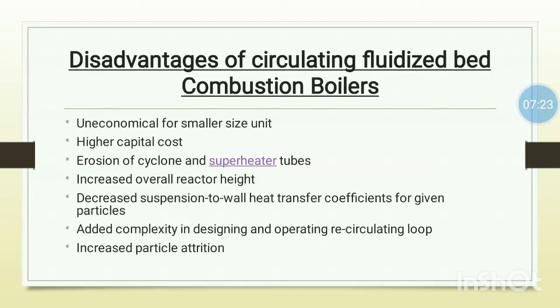The simple difference: in the conventional boiler we are transferring heat with the help of flue gases, but in this case we are using solid particles as an inert material to carry the heat, and that heat is absorbed by the water tube to convert the water into steam. So this is how it works, and it also increases the efficiency of the boiler up to 88%.